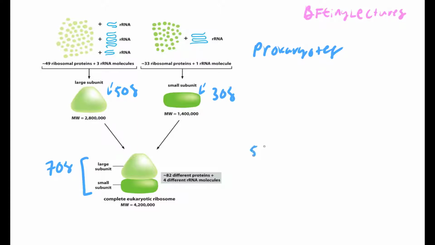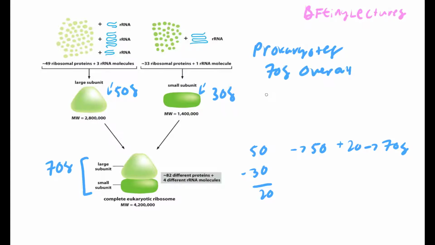And again, 50 minus 30 is 20, ergo 50 plus 20 gives you 70. That's just how I remember it, and let's write it over here. So prokaryotes have the 70S overall, the 50S for the large subunit, and the 30S for the small subunit.